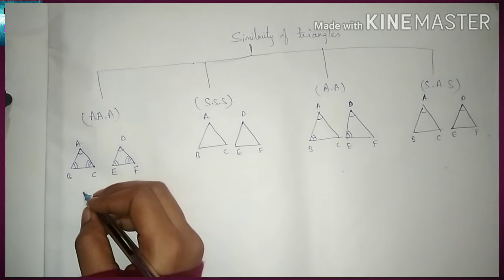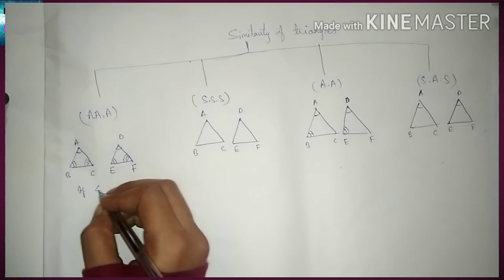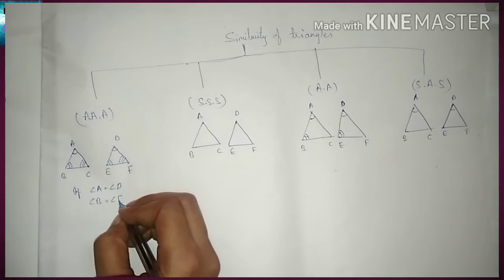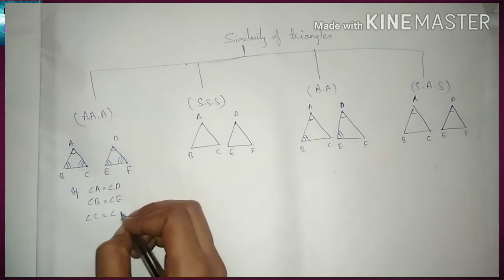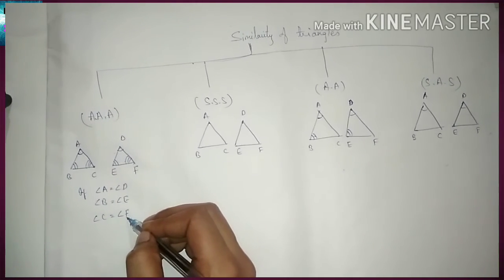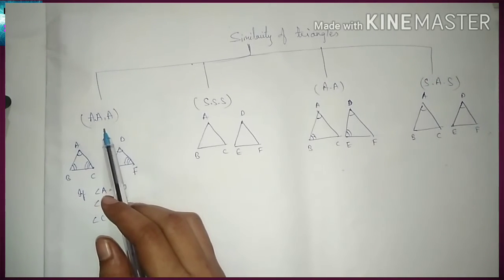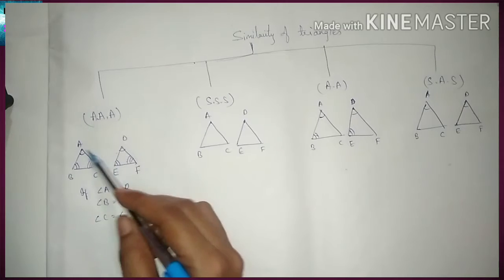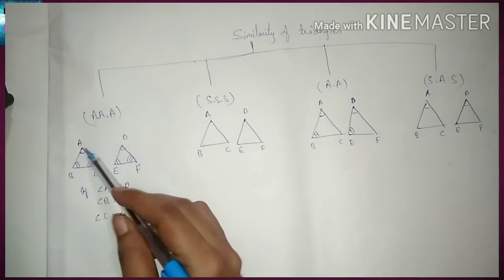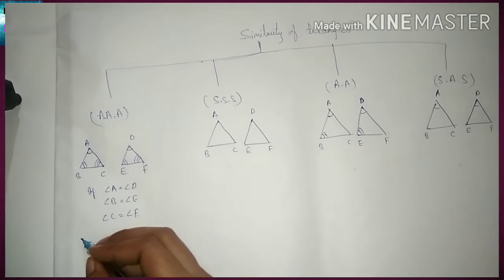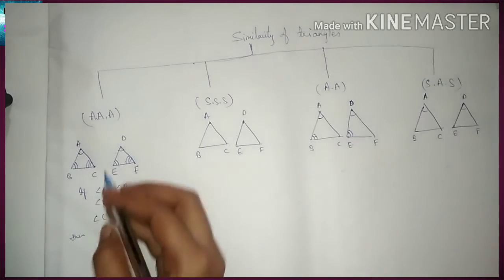So if angle A is equal to angle D, angle B is equal to angle E, and angle C is equal to angle F, if three angles are equal, this is the condition, angle, angle, angle, then the sides of one triangle are proportional to the sides of another triangle. Then what will happen?